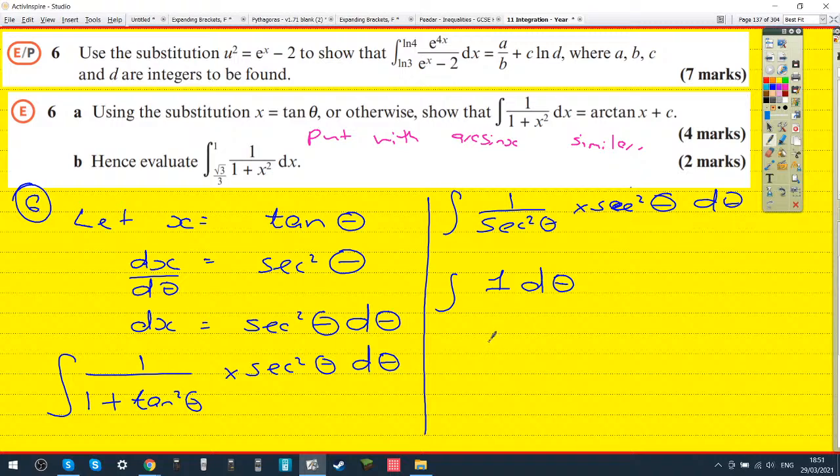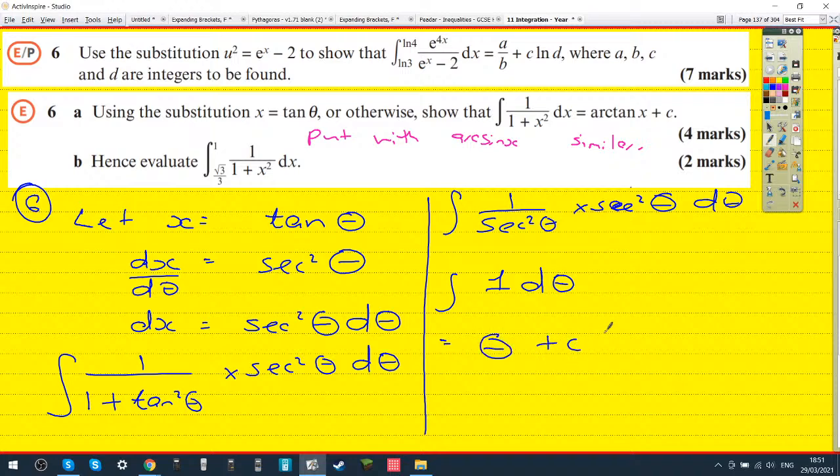And we now need to go back to our x equals tan theta, don't we? In a minute. Integrate first. So 1, or just x, with respect to theta. If it was dx, it would be x d theta. Sorry, theta.